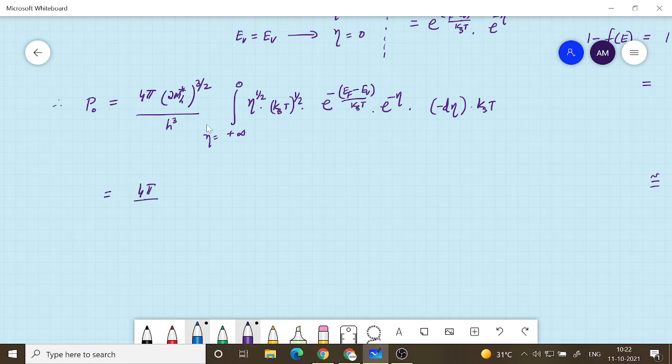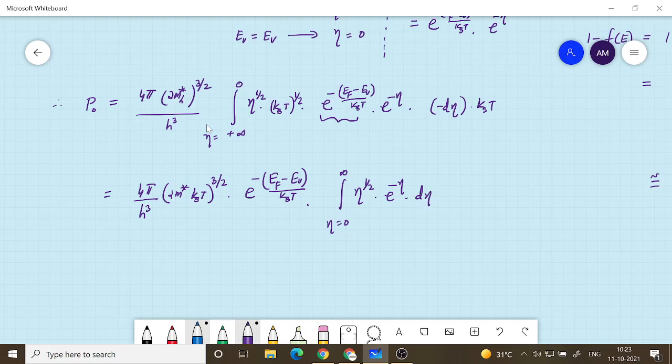So 4 pi by h cube into 2 m star kBT raised to 3 by 2 into, I can take this thing outside because it is independent of eta. So it is e raised to minus of EF minus EV by kBT into the integral from eta going from 0 to infinity, I absorb the minus sign, eta raised to half into e raised to minus eta d eta.